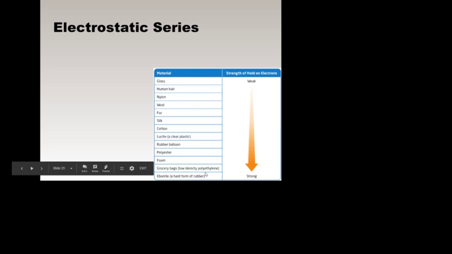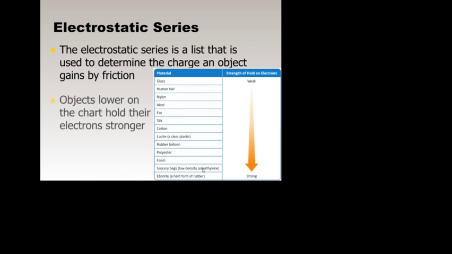The objects down here have a much stronger hold on their electrons. So the objects up here are going to lose electrons, and these tend to be considered conductors because they allow electrons to flow pretty easily. The objects down here hold on to their electrons really strongly. They're insulators, and those are the ones that gain electrons.